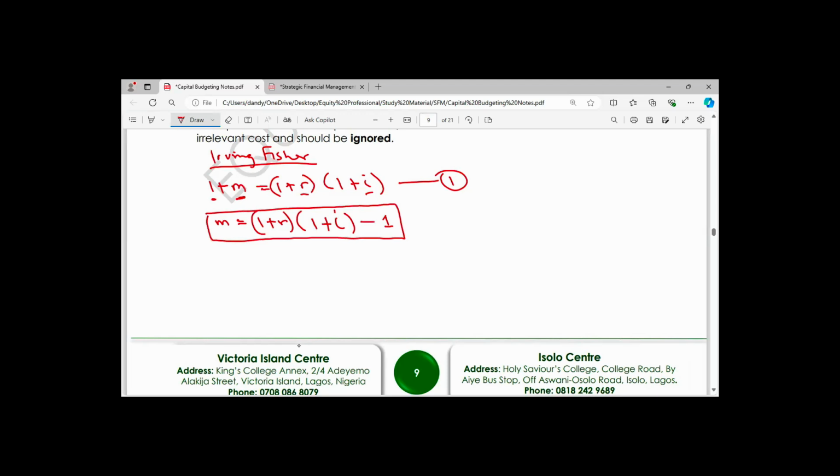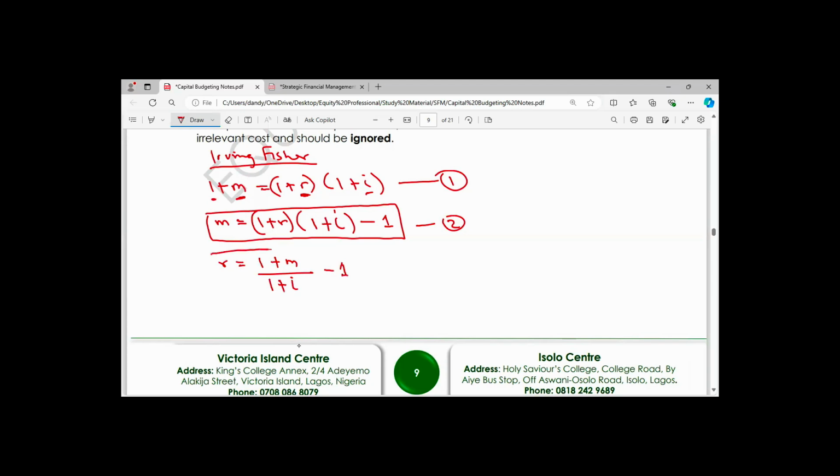From the original formula, if I want to calculate the real cost of capital, which is R, then I need to divide both sides by 1 plus I, because this 1 plus I is disturbing 1 plus R. Therefore, R equals (1 plus M) divided by (1 plus I), minus 1.